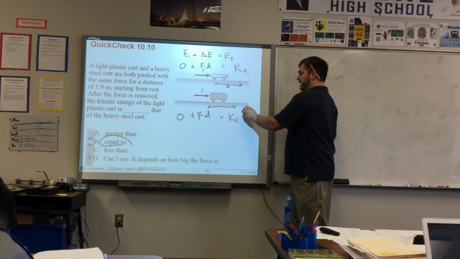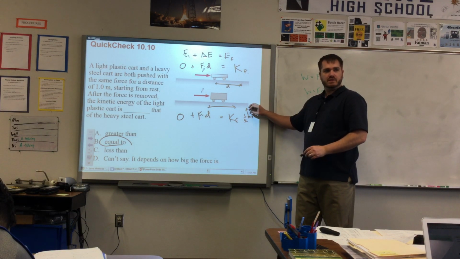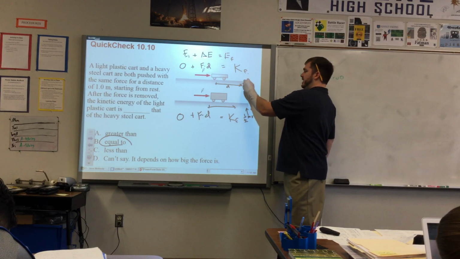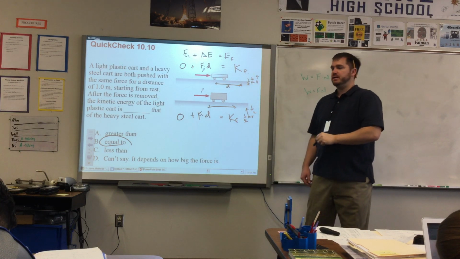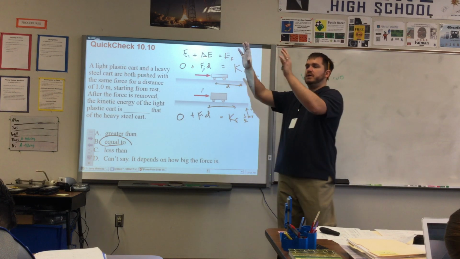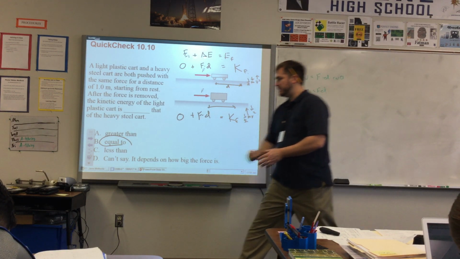It's got a really high mass, but its velocity is going to be smaller. The light car, the little dollar store car, is going to have a very small mass, but its velocity will be higher. Does that make sense? So the lighter car is going to be going faster than the heavy car, but they both have the same kinetic energy.